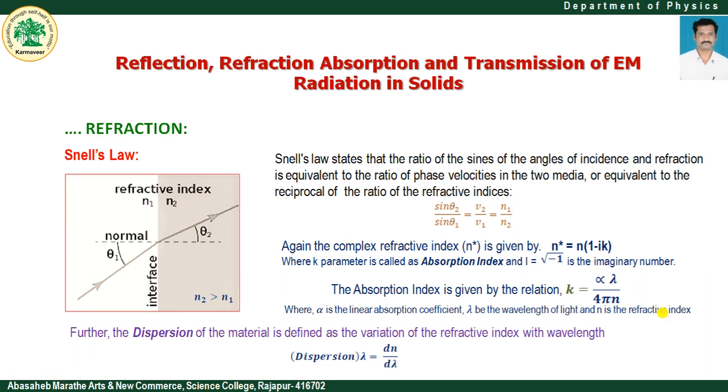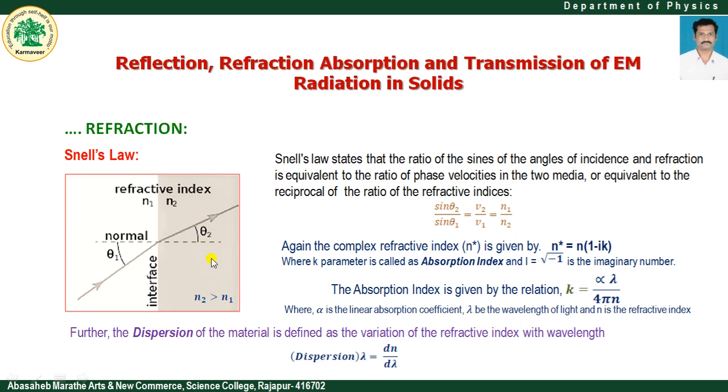Further, more interaction of the photons with the electronic structure of the material occurs when the material is easily polarized. Again, the refractive index n is not constant for a particular material.